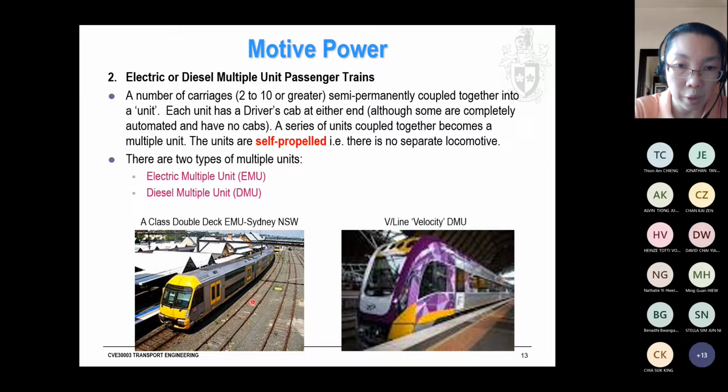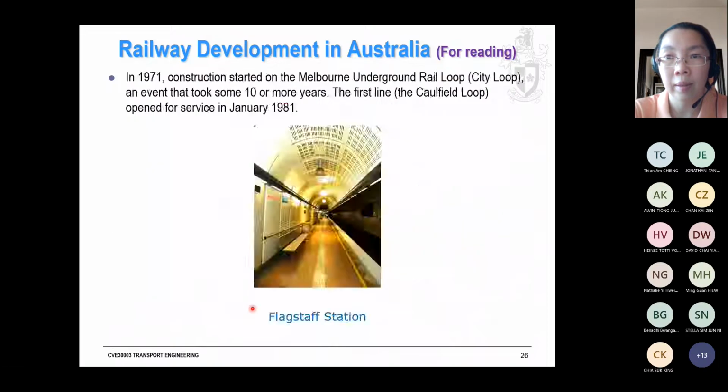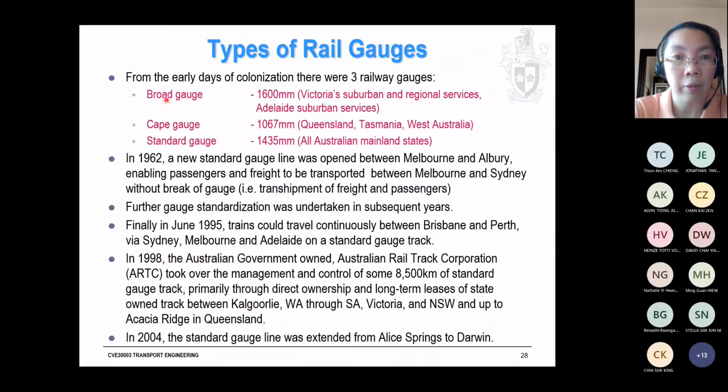Okay, so this is one track. On one track, there are two rails, and the width between the two rails, that's the gauge size. So we have different gauge sizes: 1600, 1067, and 1435 mm.